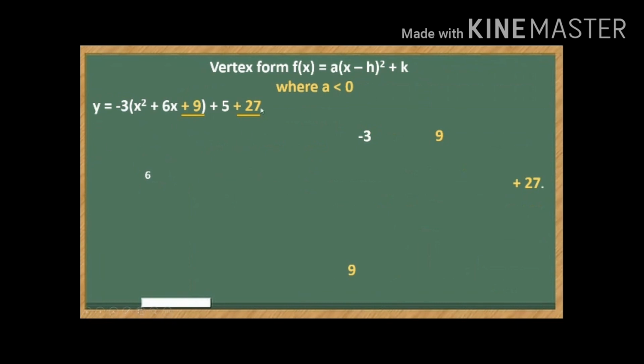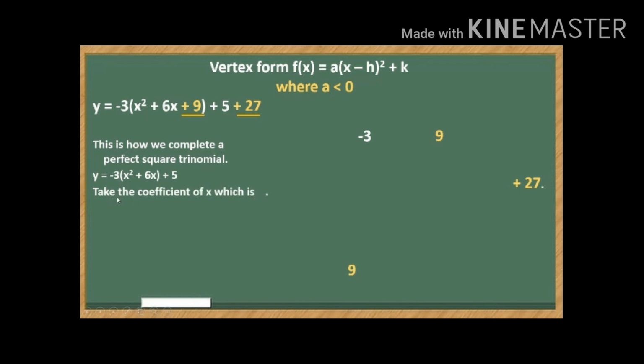So we have this. This is what we need to obtain, and how do we get plus 9 and plus 27? First, we are going to take the coefficient of x. The coefficient of x here is 6. We take that and multiply 6 by 1/2, and the product is 3.